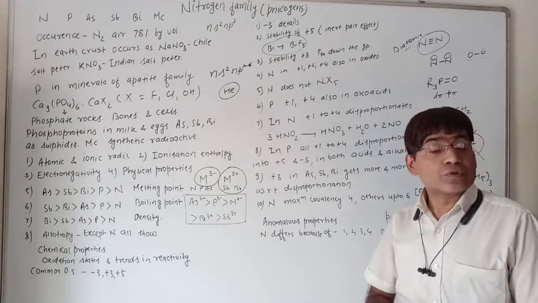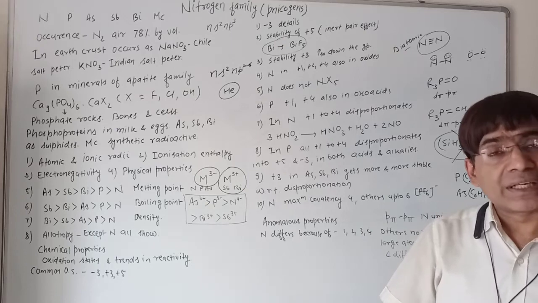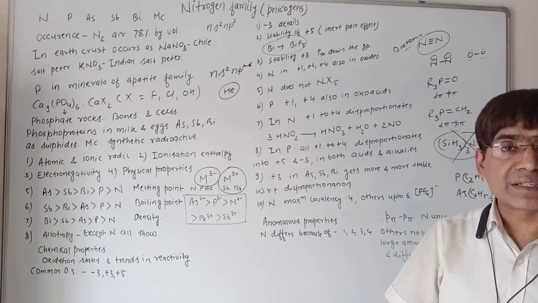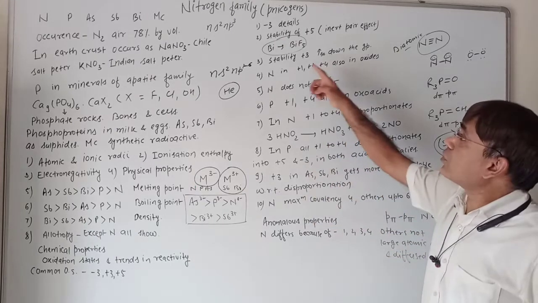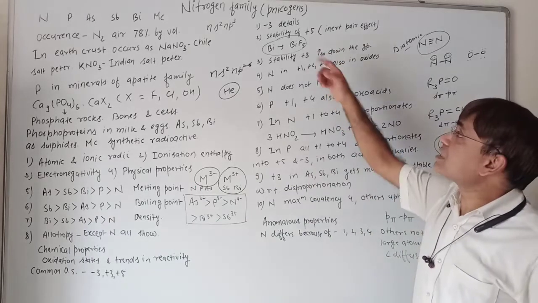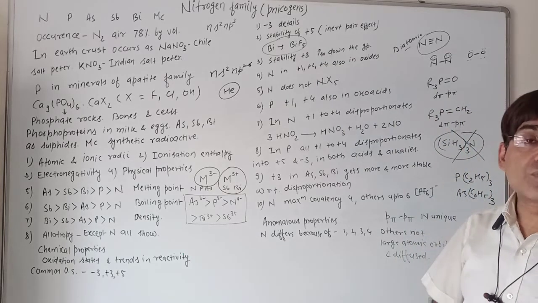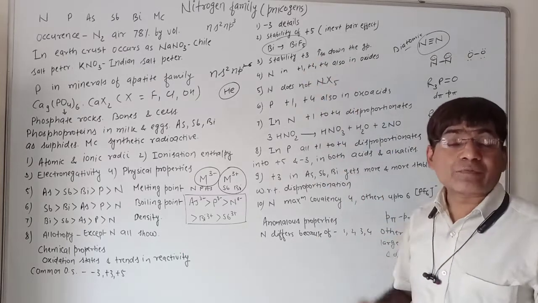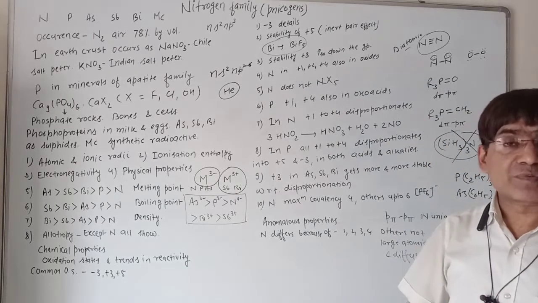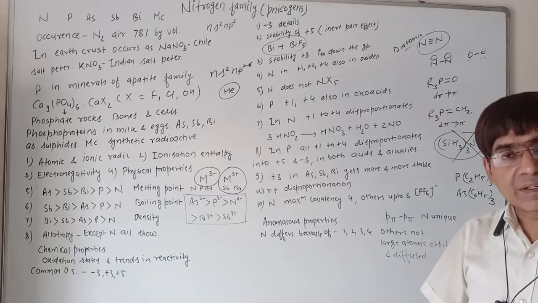This is because fluorine is smaller in size, most electronegative, and very strong oxidizing in nature. Because of its strong oxidizing behavior, it makes the existence of this compound possible in +5 oxidation state. Fine. So the well characterized +5 oxidation state compound of bismuth is BiF5. Is it clear?